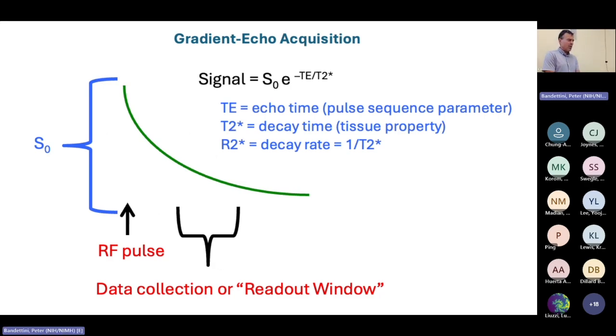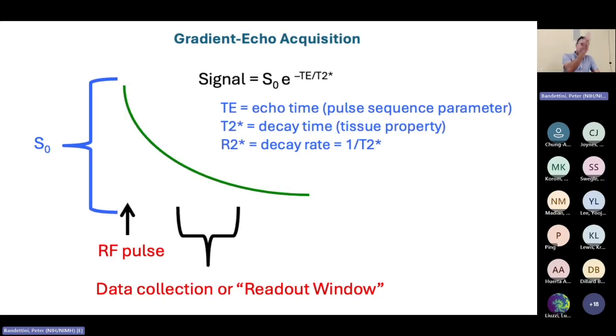Without actually showing a pulse sequence diagram, I figured I'd show a schematic of a pulse sequence diagram. Essentially, when you collect your images, you use what's called echoplanar imaging. If you've been to the scanner, you hear the beep. That's actually the gradients oscillating extremely rapidly to spatially encode the spins.